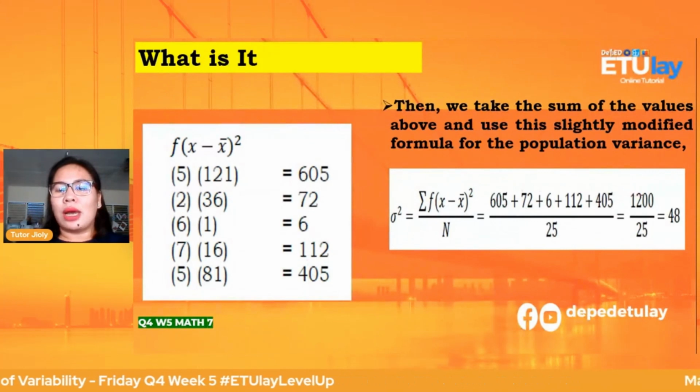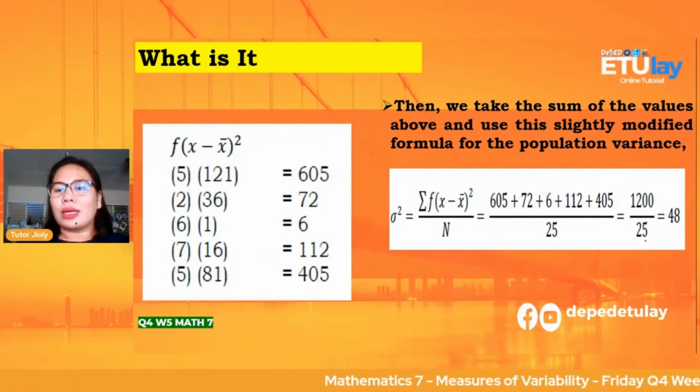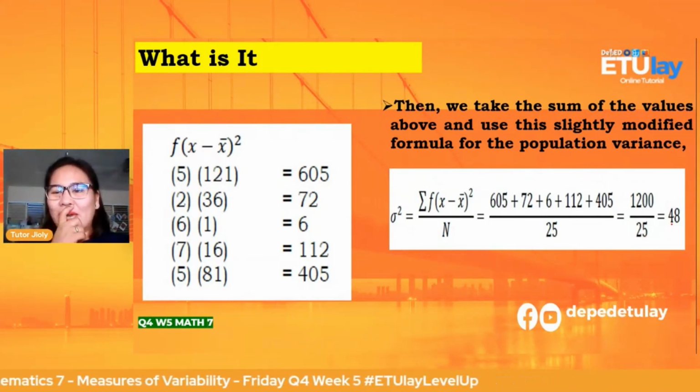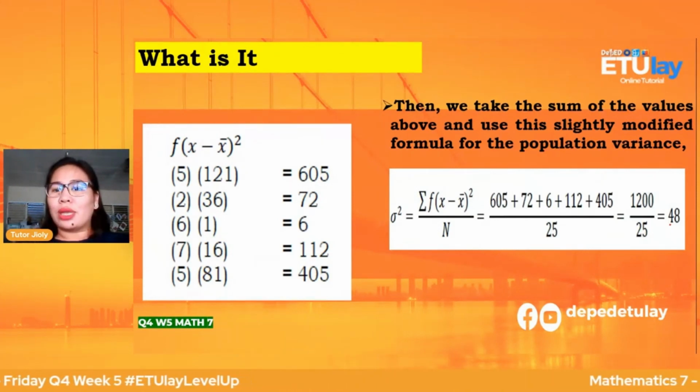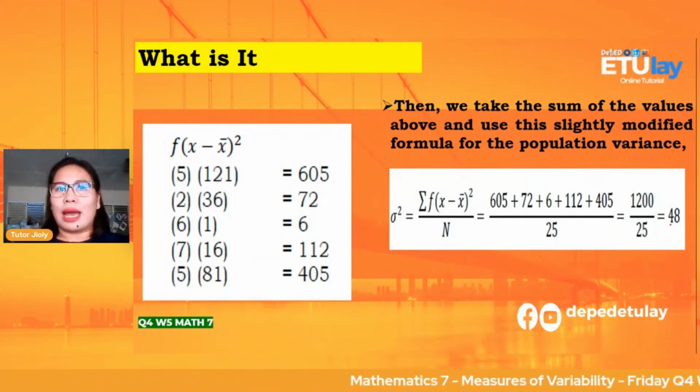Then, instead na yung formula, substitution tayo. That is 1,200 divided by 25, that is equals to 48. Okay, yung 48 po, that is our population variance po, mga anak.